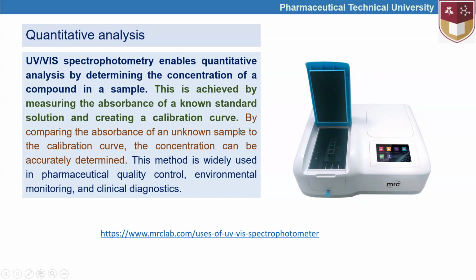In our colorimetry analysis, we talked about the calibration curves. I recommend you watch that video as well. By comparing the absorbance of an unknown sample to the calibration curve, the concentration can be accurately determined. This method is widely used in pharmaceutical quality control, environmental monitoring, and clinical diagnostics.